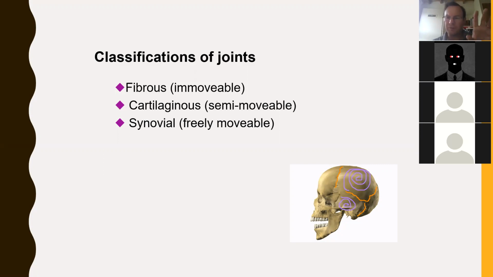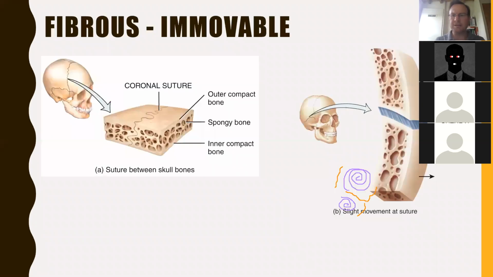So those are going to be the focus of most of our work, but it's useful to just consider fibrous joints and cartilaginous joints, just so you can describe where they are and broadly how much movement you'd expect at them. So let's dig into the joints.